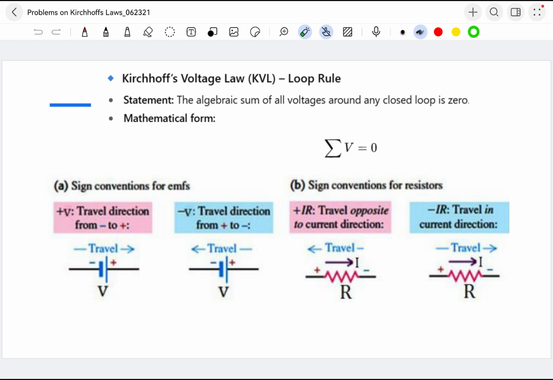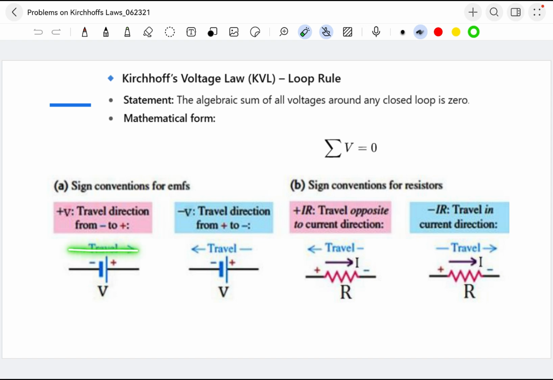Here, to solve the problem, we can choose the path. Any direction we can take, clockwise or anti-clockwise, it's up to us. Suppose we decided to travel in this direction, right side. So here in our path we found the battery.